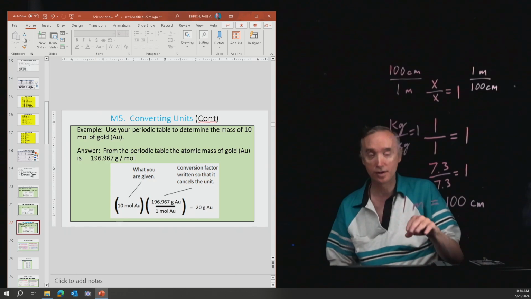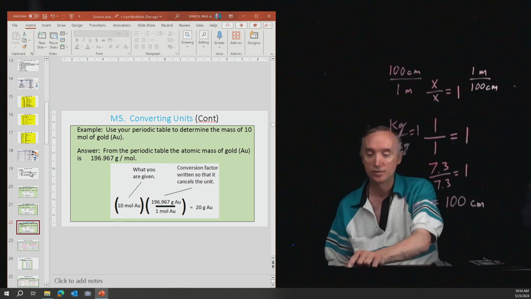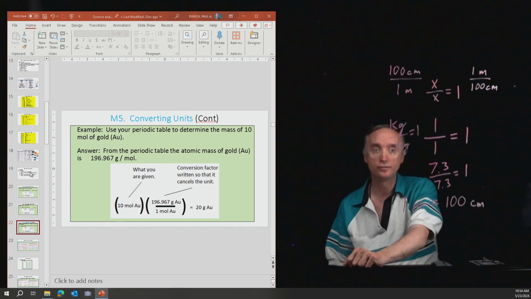That means the number that has the decimal point needs to be on the top part of the fraction. Then it's just a matter of getting out your calculator and multiplying those 2 numbers together. And you notice that I rounded it down to 2 significant figures again. So that's the technique of converting units.